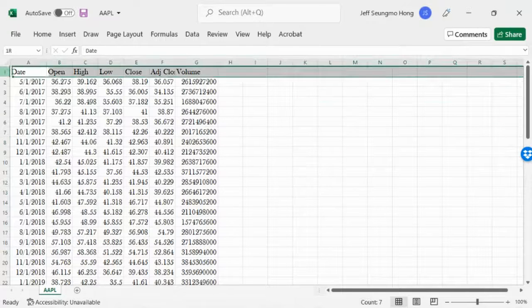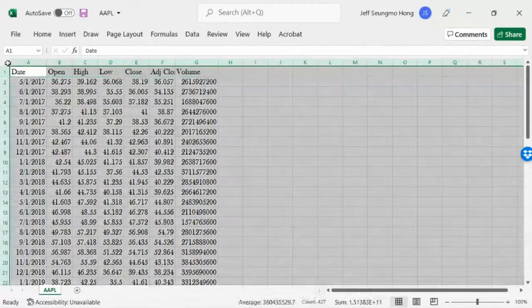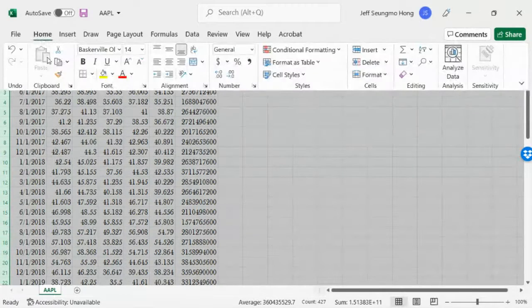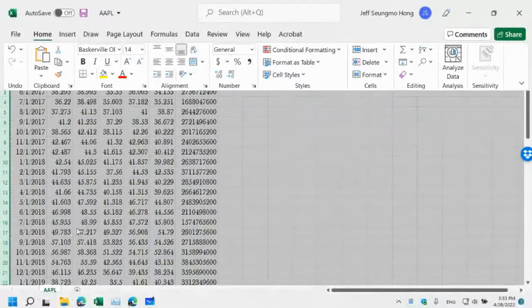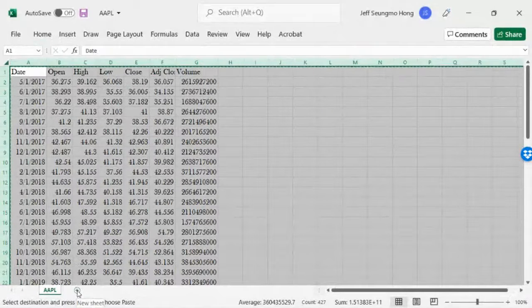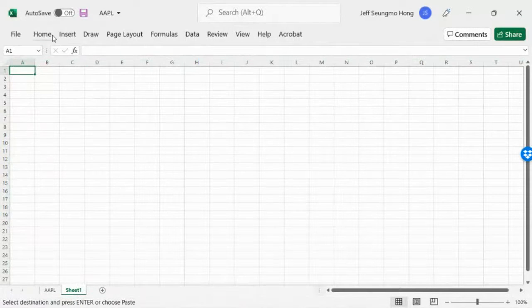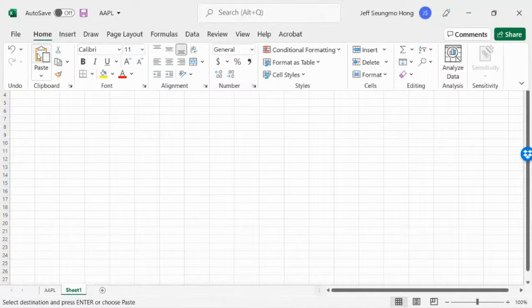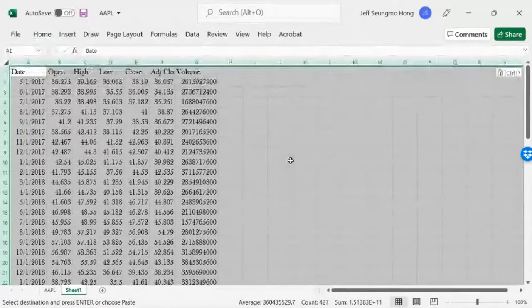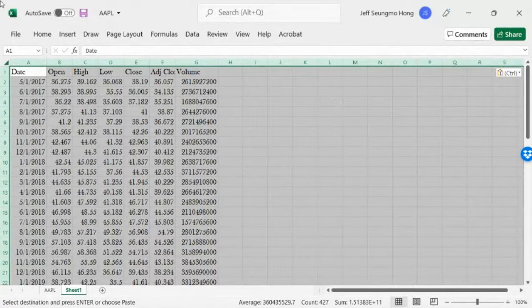So first I would change the font, and this is the original data, so I will not touch it. Instead, I will copy that and then open another worksheet next to it and paste it there. Now I'm going to do whatever I need to do with this data.